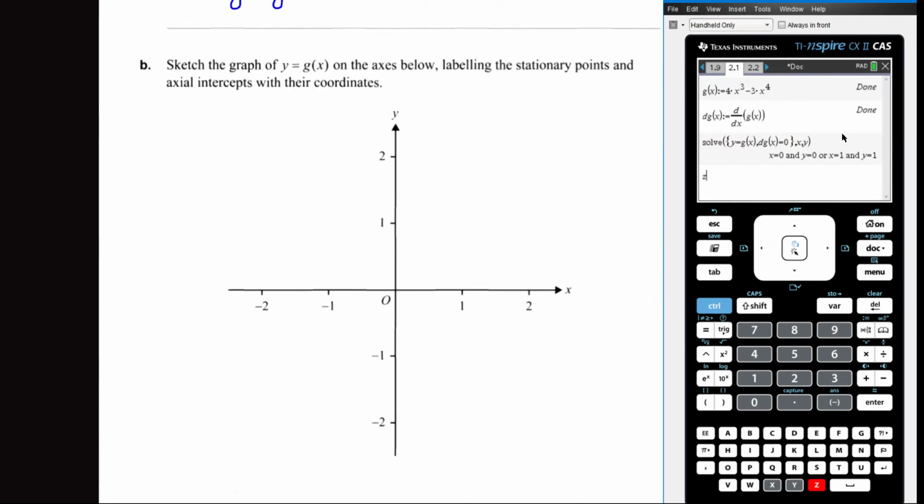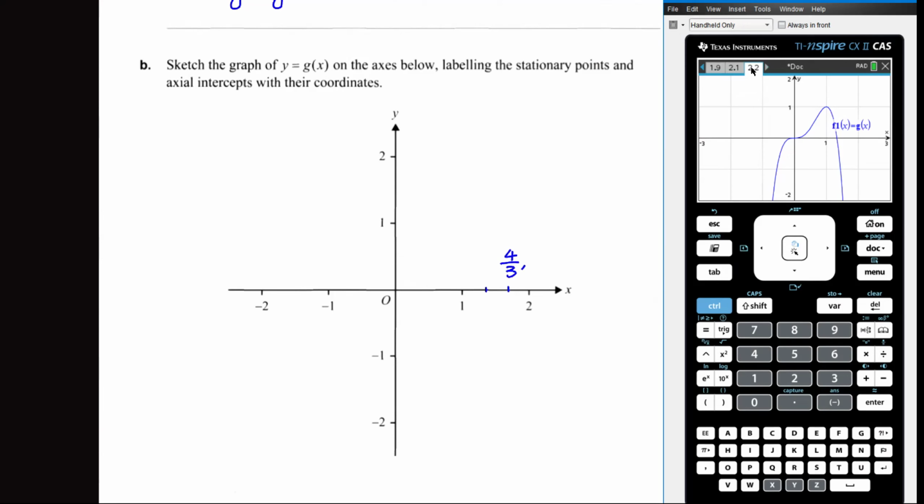Notice you should get the x-intercept 0, 4 over 3, okay? I do have a stationary point here. That is a local maximum.